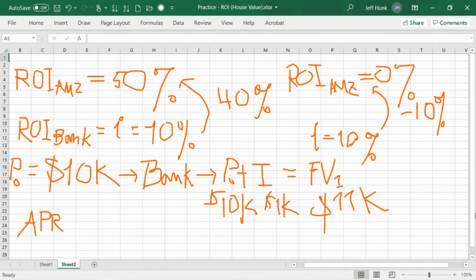But if you are just lending money to the bank, and the bank is lending to an excellent credit borrower, make sense? The bank is taking almost zero risk.